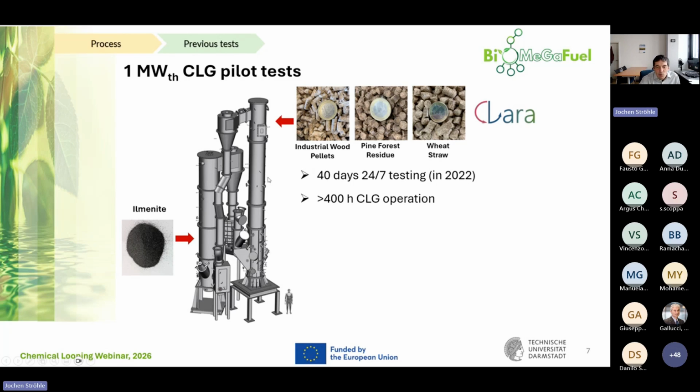So once we heat up the plant, we operate for 1 or 2 weeks at the same time, and then shut down the plant. And this was in 2022. We achieved more than 400 hours of chemical looping gasification operation within this time period.